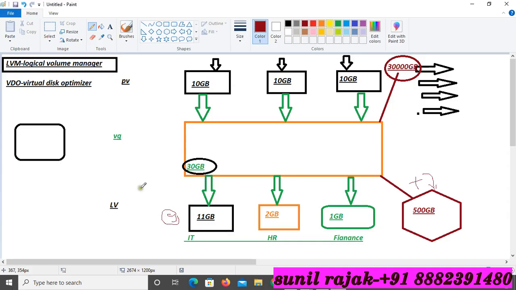Suppose your physical volume is going to fail or is corrupt in some region. There is no such problem. You can easily remove this physical volume, and the rest of the volumes are available. You can assign a particular volume to this volume group. This is very important in LVM.